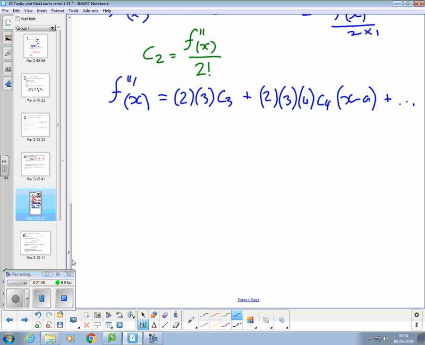Yeah? And then again, if we let x equal a, all those terms disappear. And f triple dash of a is equal to 3 times 2 times C3.